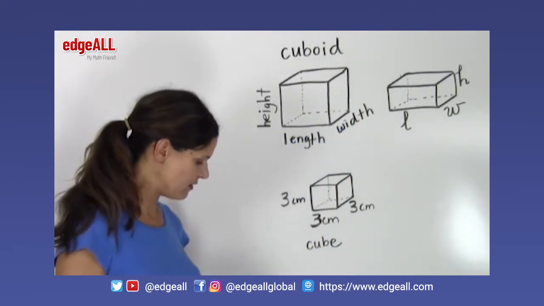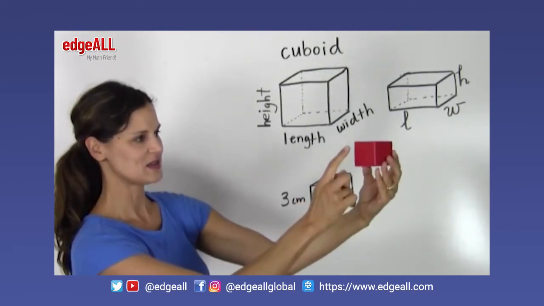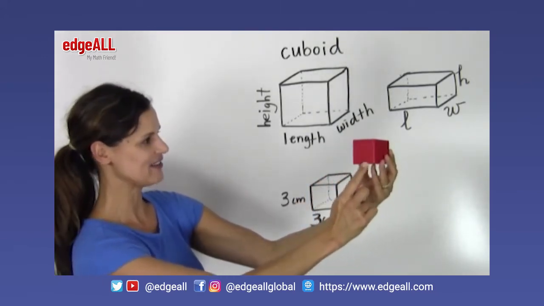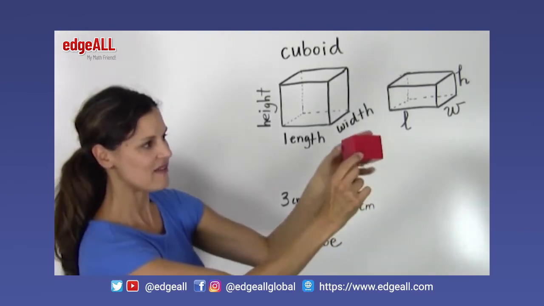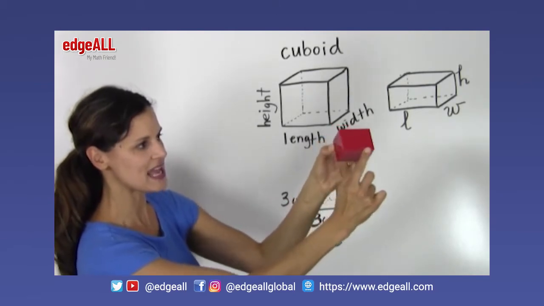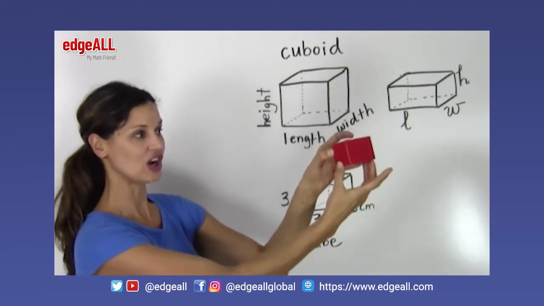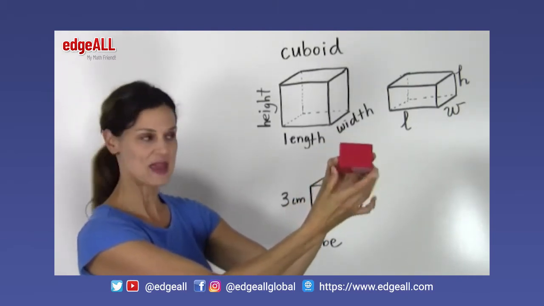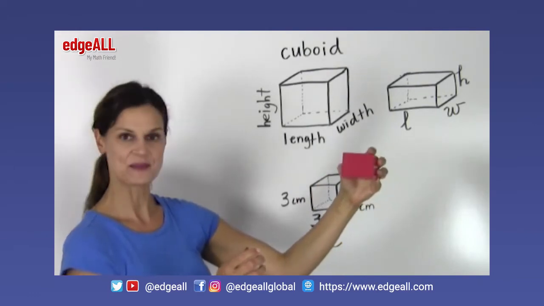I also have a cuboid that has a little bit different lengths. So this one I've got a length right here, and my height looks about the same, but I have a little longer edge back here that makes my width a little bit longer, making this a cuboid because all three measurements of my sides are not the same.